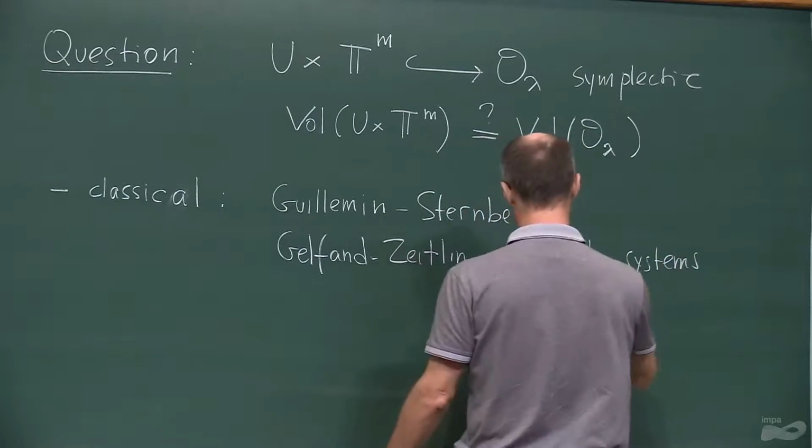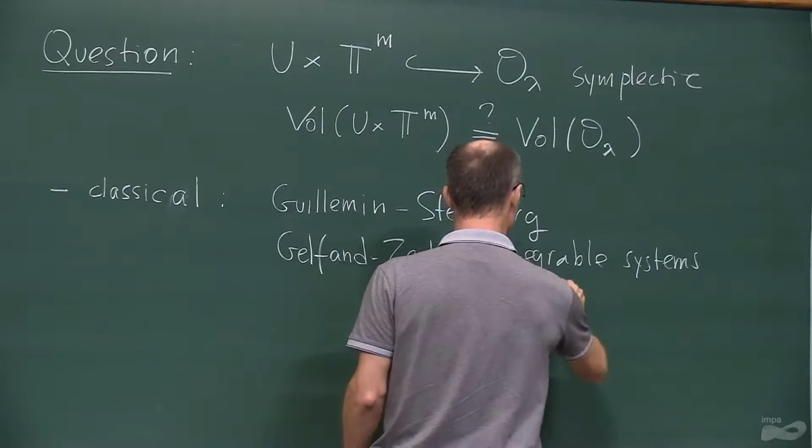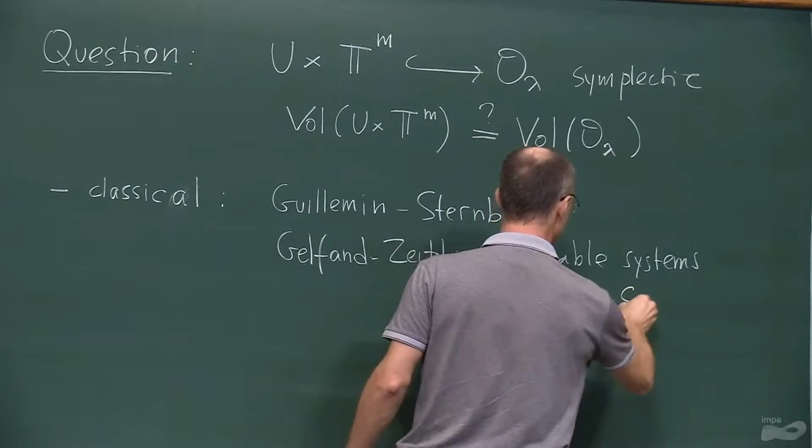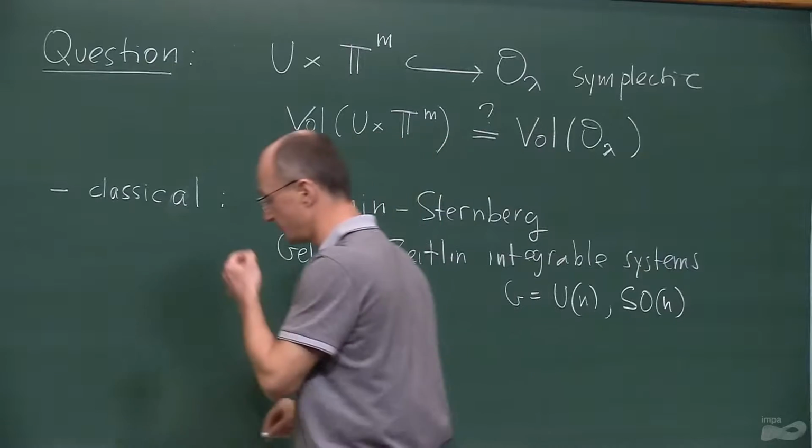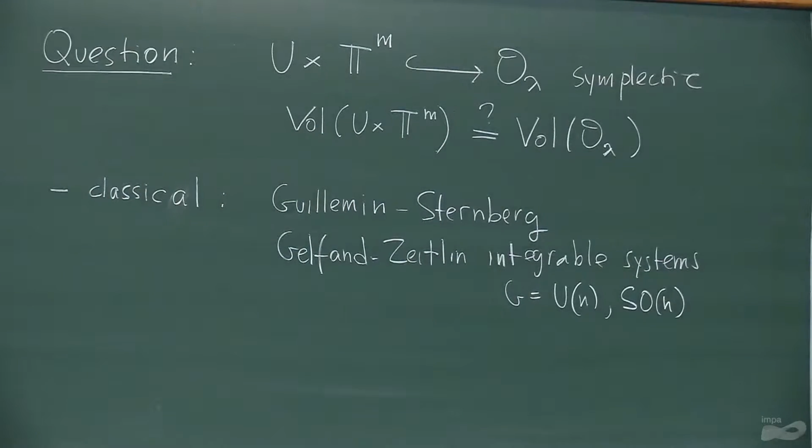This applies for the case of G equal to U(n) or SO(n). And maybe later on I'll show a glimpse of some very simple example of a Gelfand-Zeitlin integrable system.